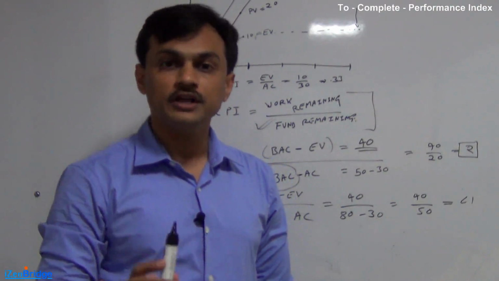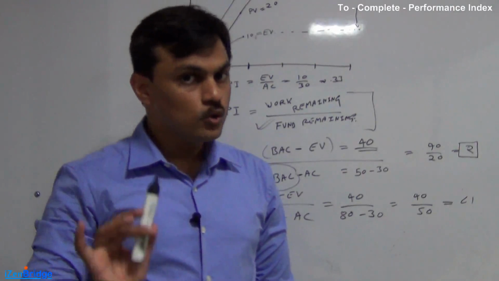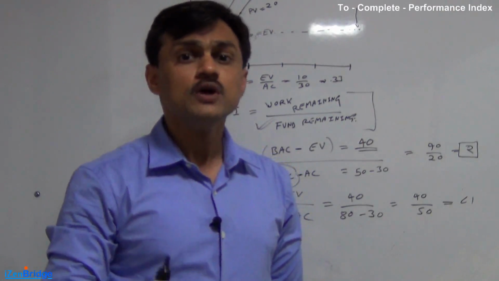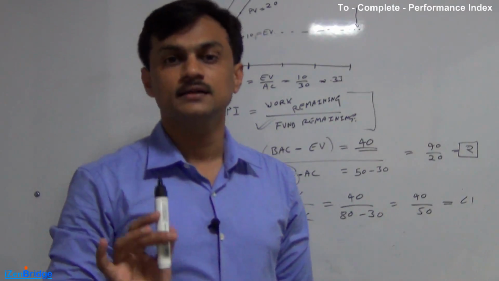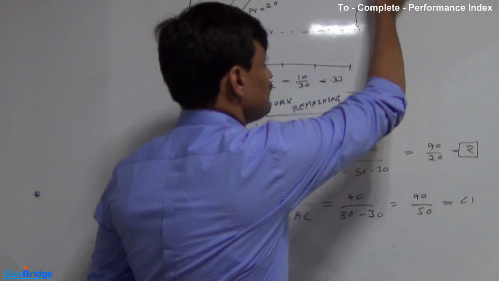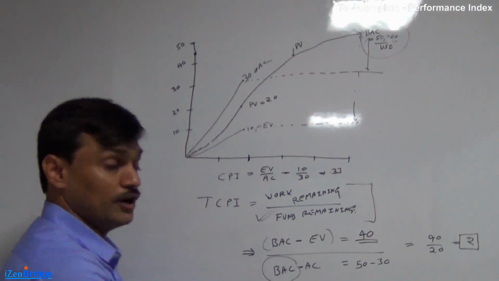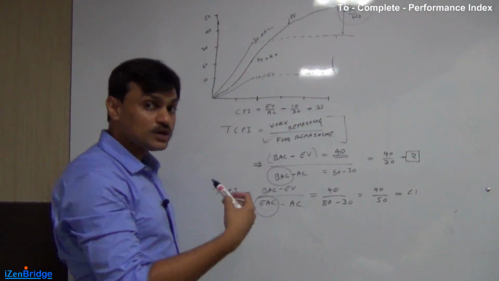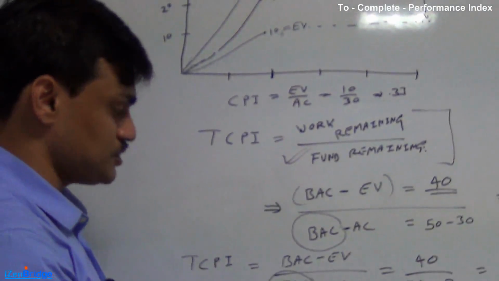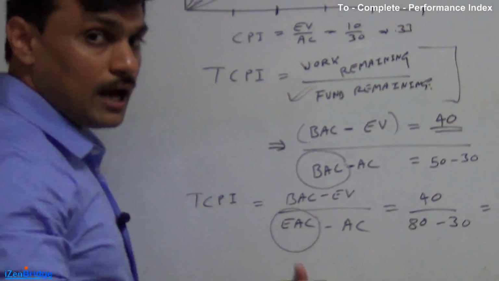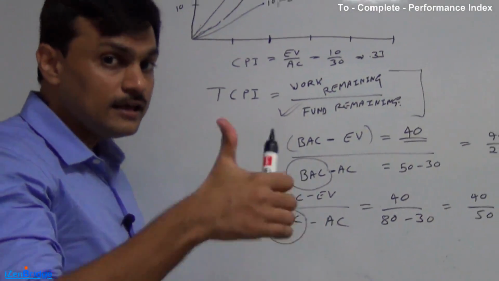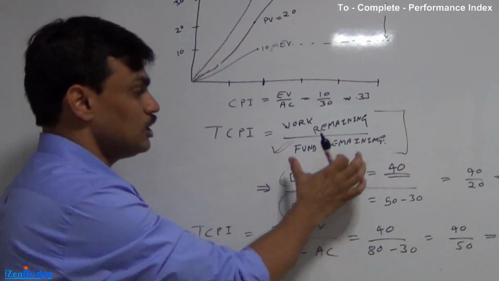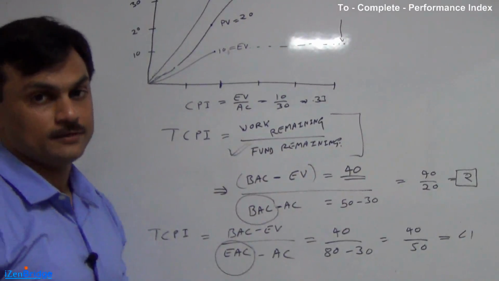If the question is talking about estimate at completion, you get an indication that you do have a revised estimate. And when you have a revised estimate, you forget the initial BAC value while you are calculating fund remaining. So if your question gives an indication about EAC, if your question gives an indication that you have a revised budget, use EAC. As a rule of thumb, if EAC is available in the question, I should be using EAC to calculate the fund remaining.